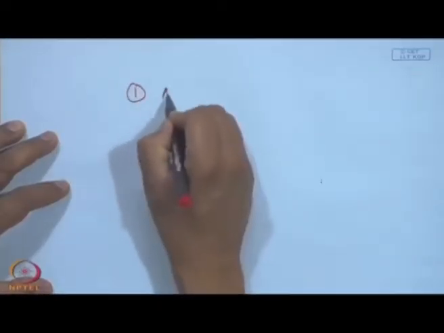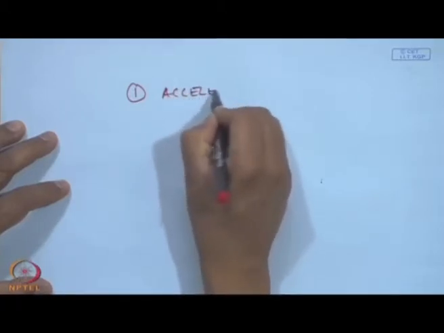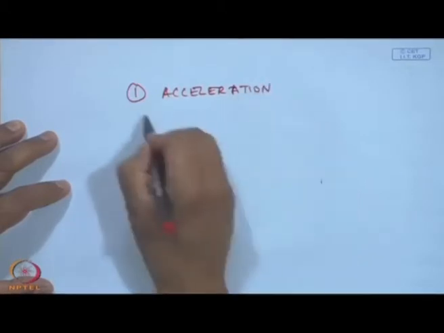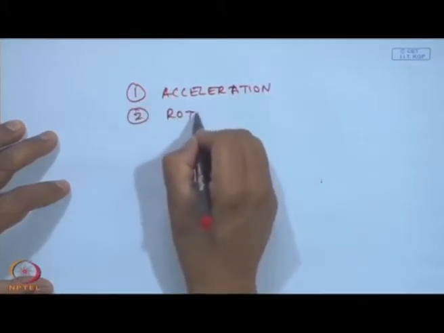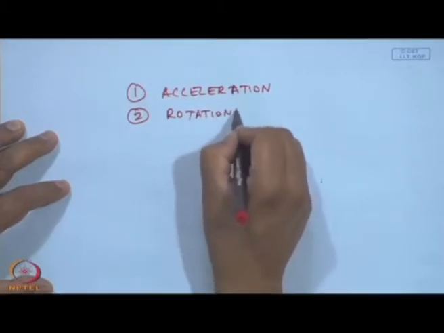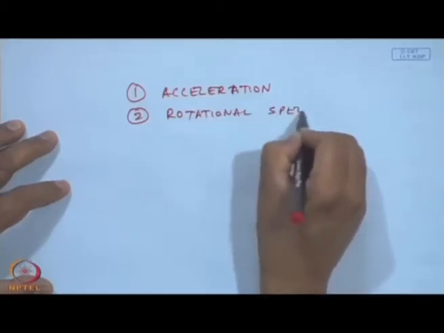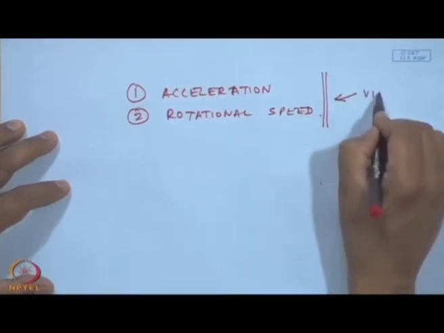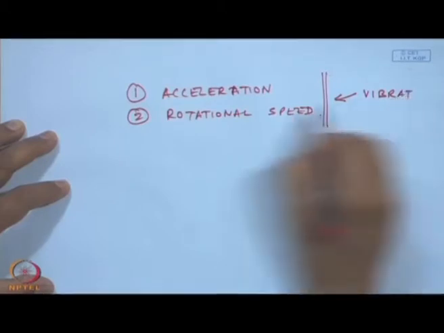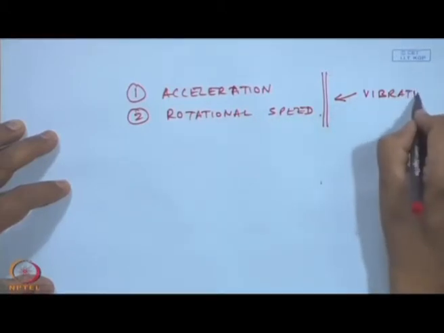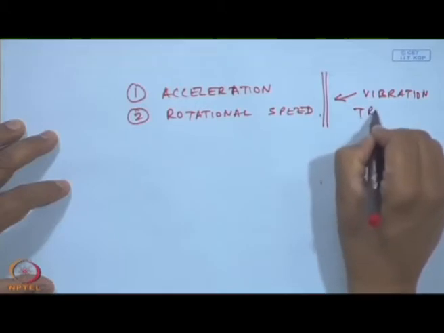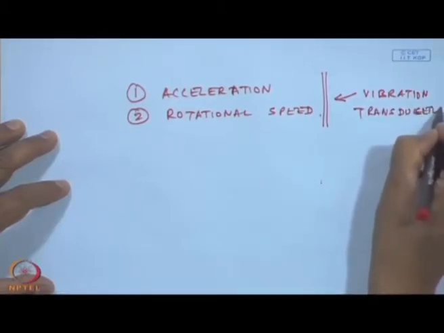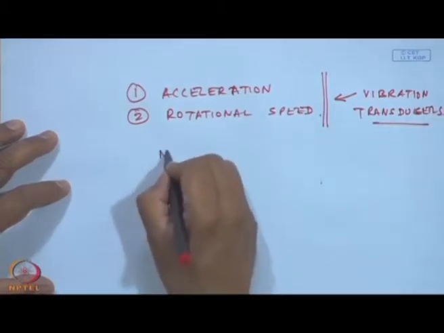One is acceleration, another is the rotational speed. So, these are the two most important vibration transducers, though rotational speed is strictly not vibration, which we have to use for machinery health monitoring.